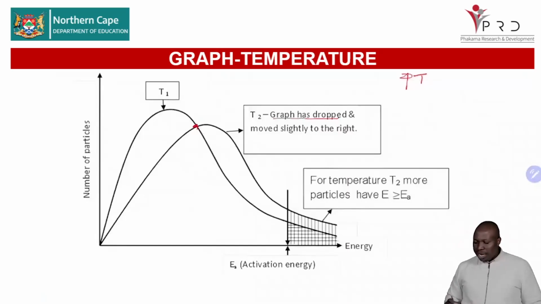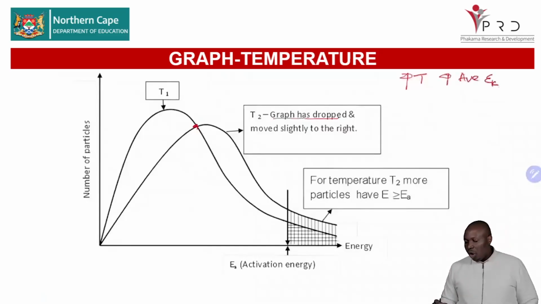And then what do we say when we use collision theory to explain the effect of increasing temperature? We're saying increasing temperature increases the average kinetic energy of particles. And then we're going to have more effective collision per unit time.